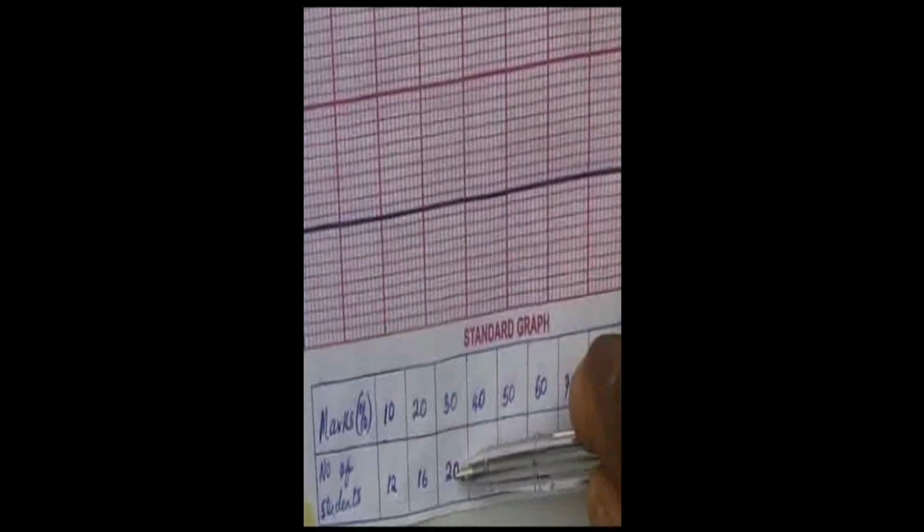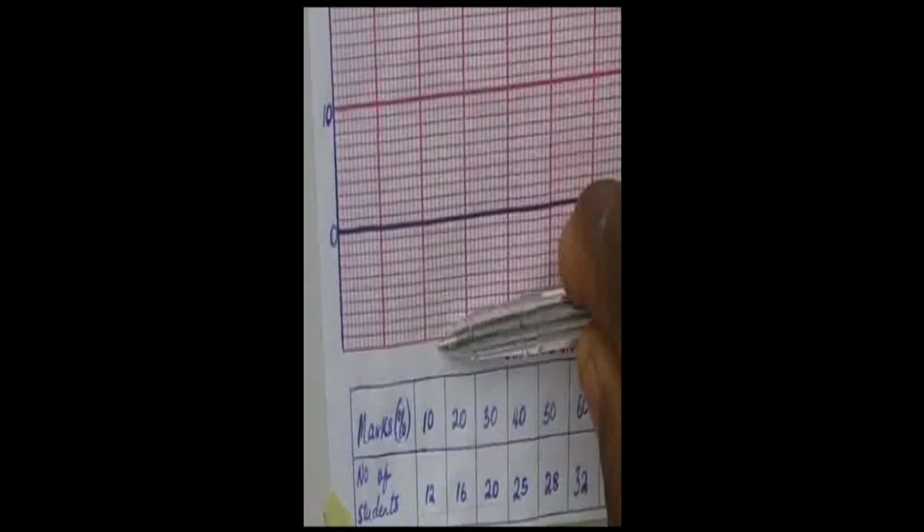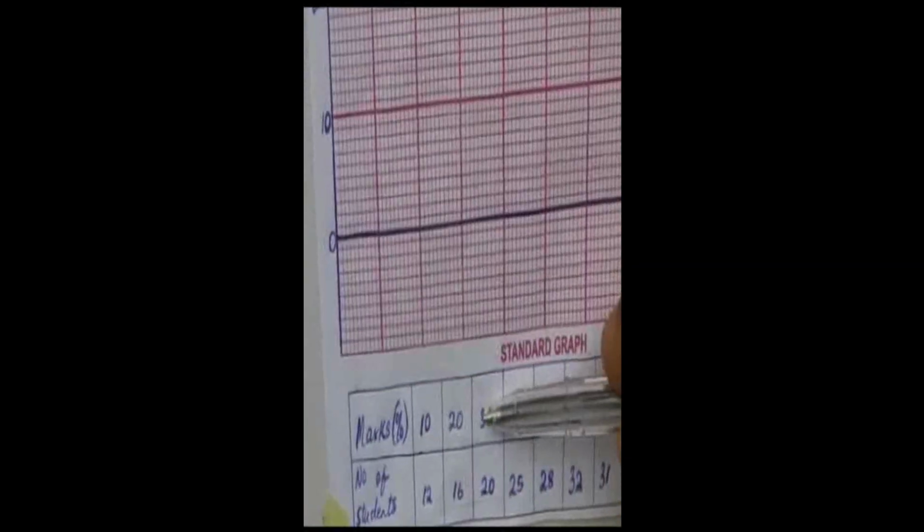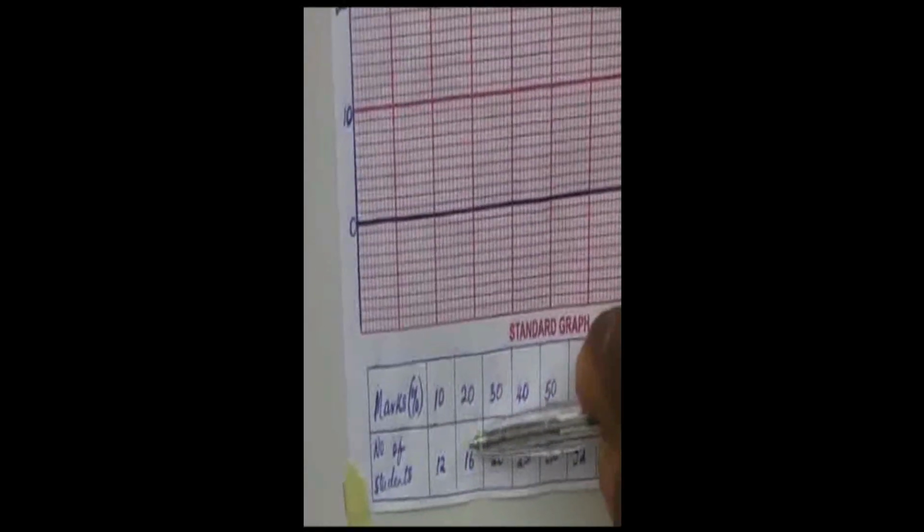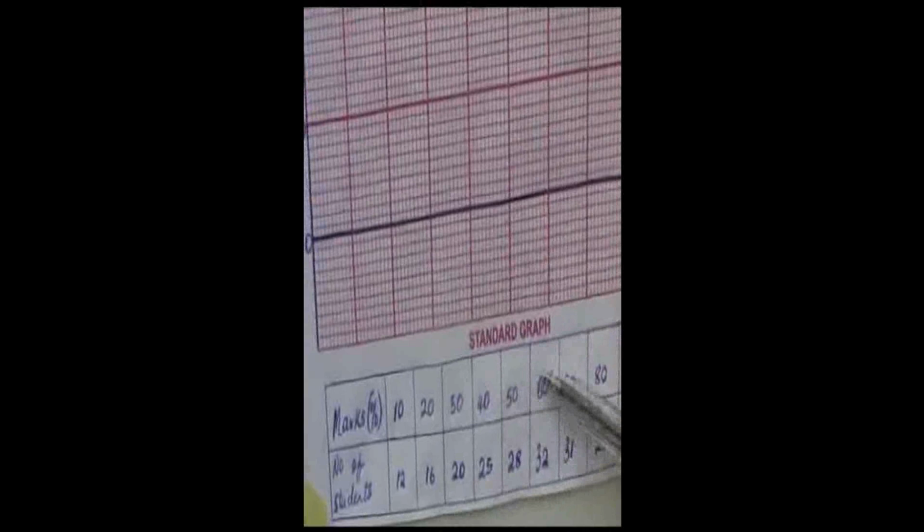Number 3 bar is going to have 20 under it, somewhere here, and it's going to be as long as 30 marks. That's how you're going to have all of them spread along the x-axis. Each length will be proportional to the marks that they represent.